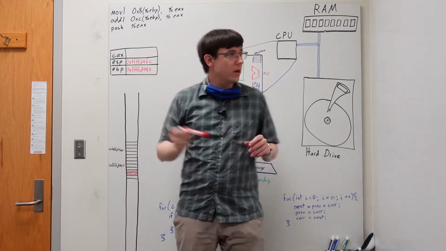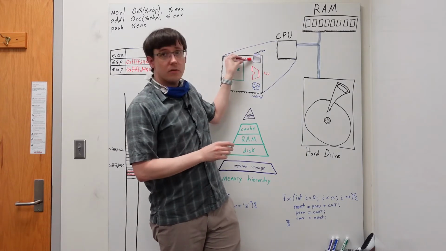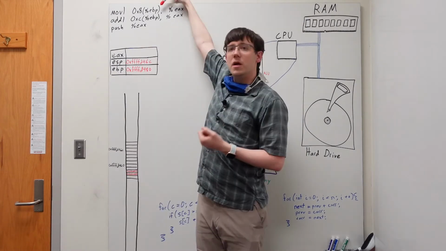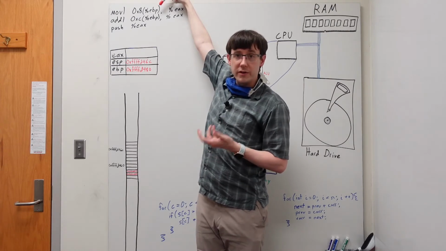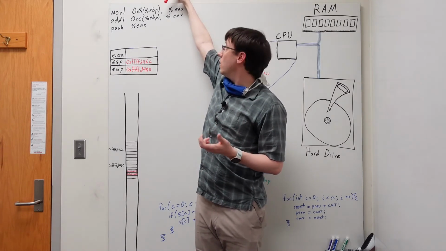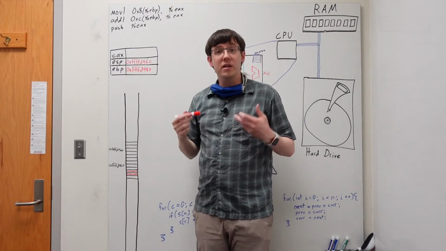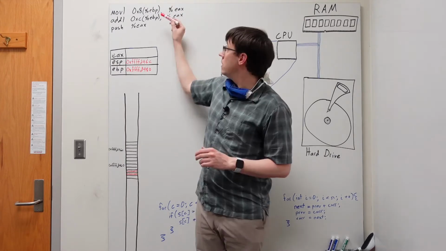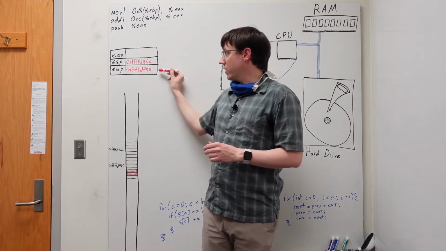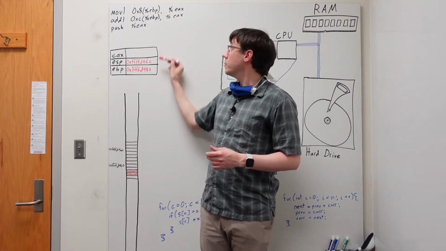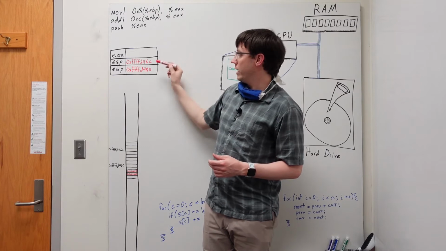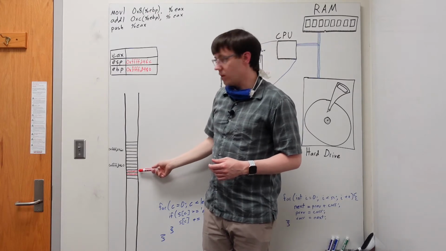And as we know, the registers live inside the CPU. But the source for this operation is a memory address, which we can recognize by the parentheses in the assembly instruction. So we'll be taking the address in the base pointer register, adding 8 to it, and retrieving data from that location in memory.